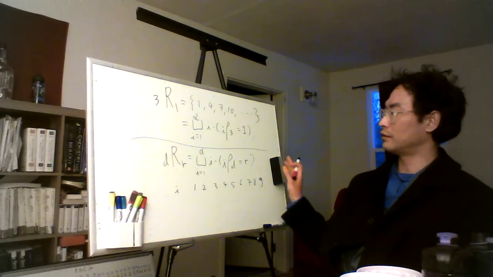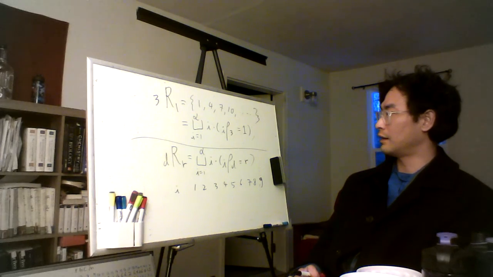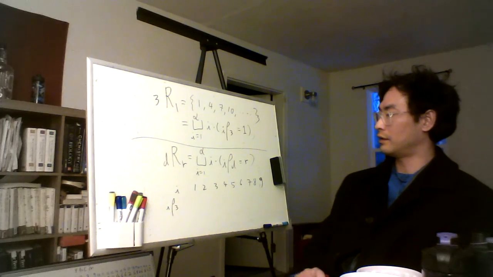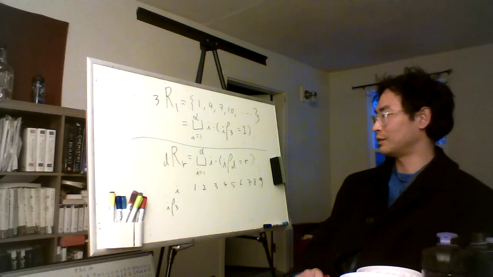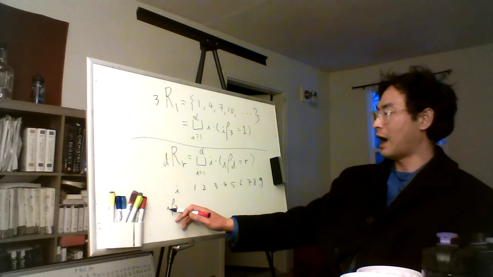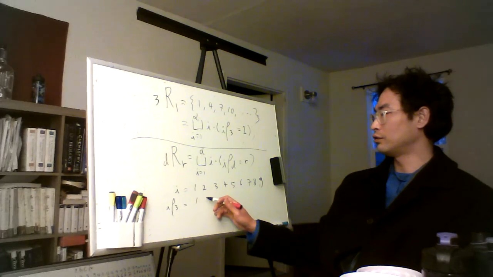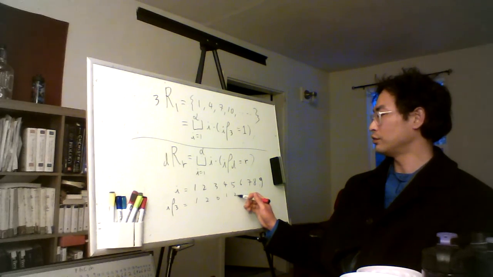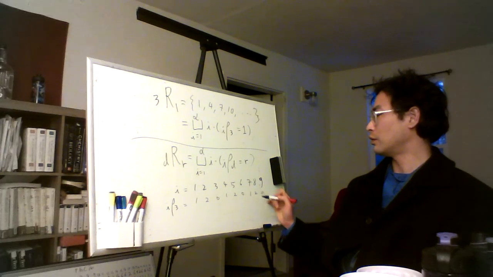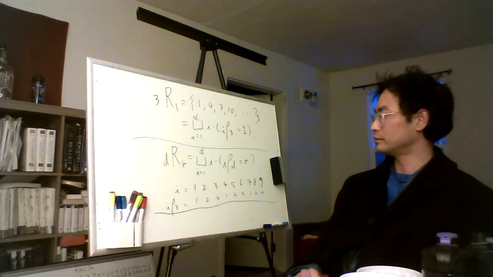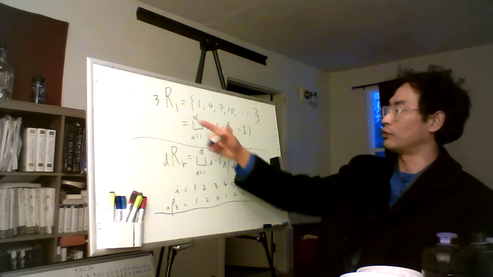Now in this example, i rho 3. It's a periodic function. If you divide i by 3, what's the remainder? 1, 2, 0. 1, 2, 0. 1, 2, 0. Now we are looking at remainder 1, right?